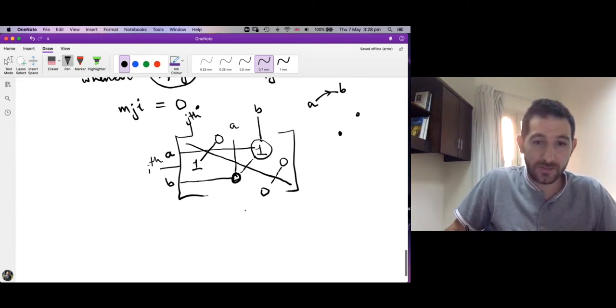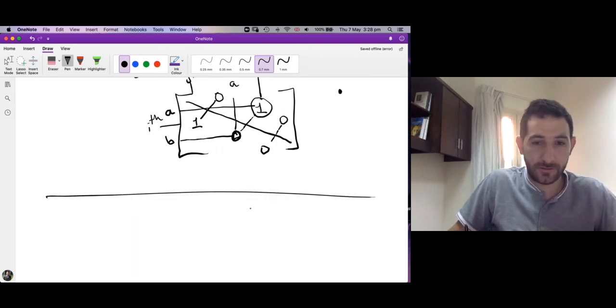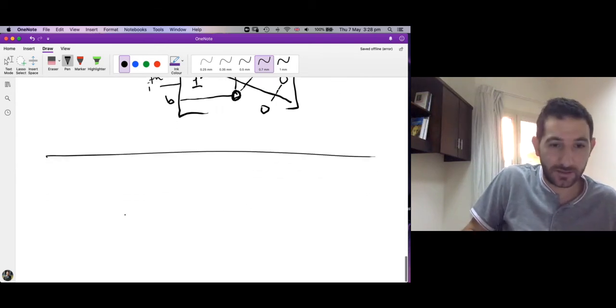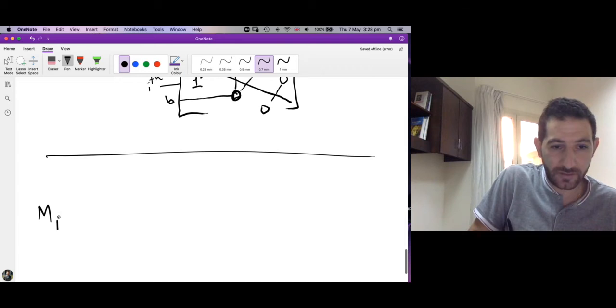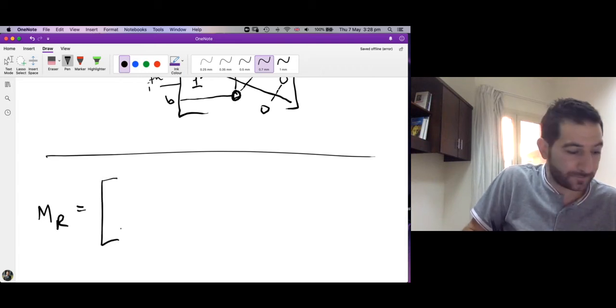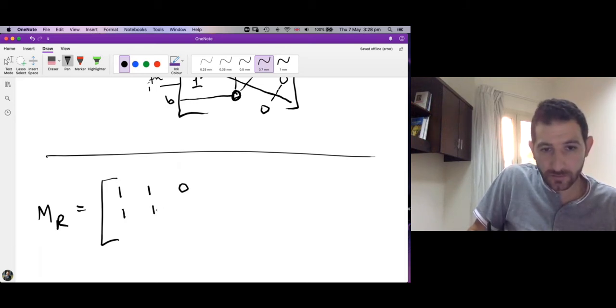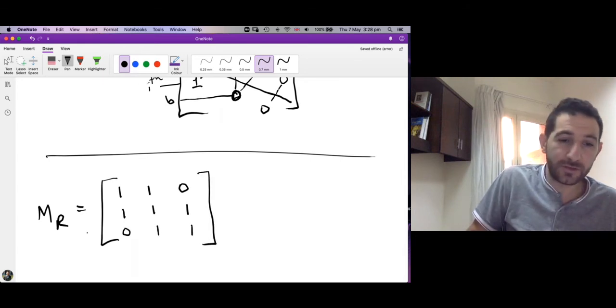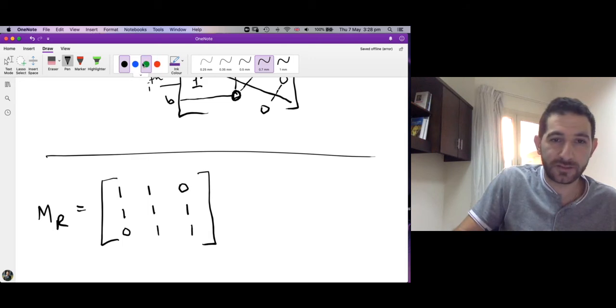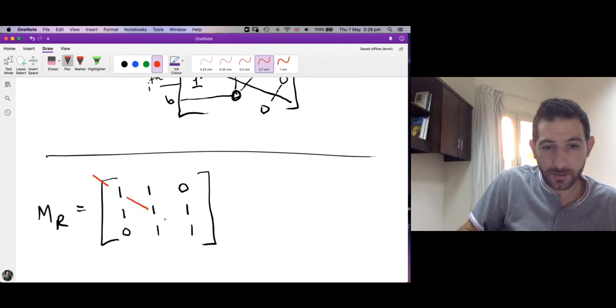Okay, so let me just quickly summarize all of these ideas in one example. Suppose we are given this matrix: 1, 1, 0, 1, 1, 1, and 0, 1, 1. What can you tell about this relation? First, you need to look at the main diagonal.